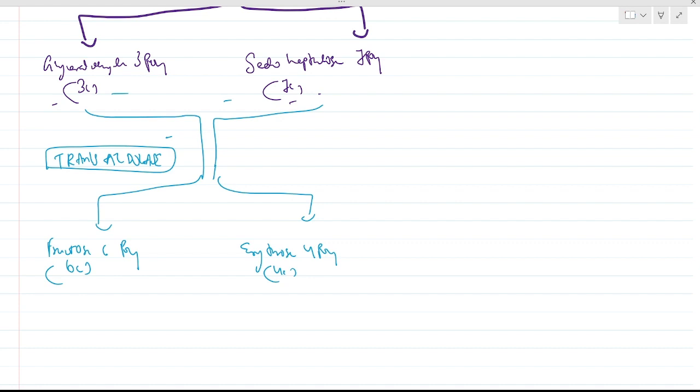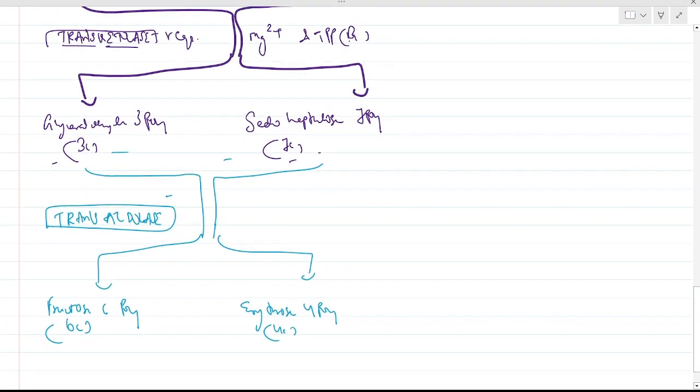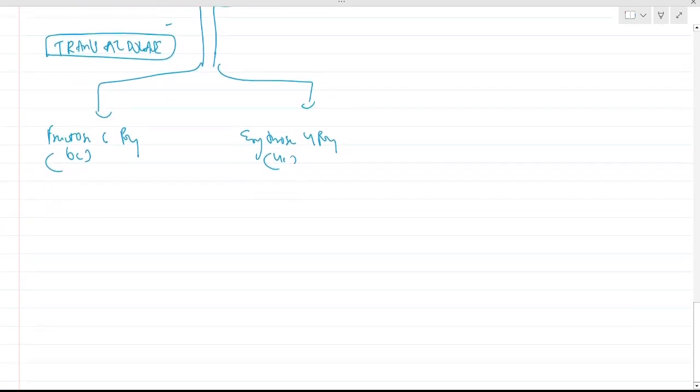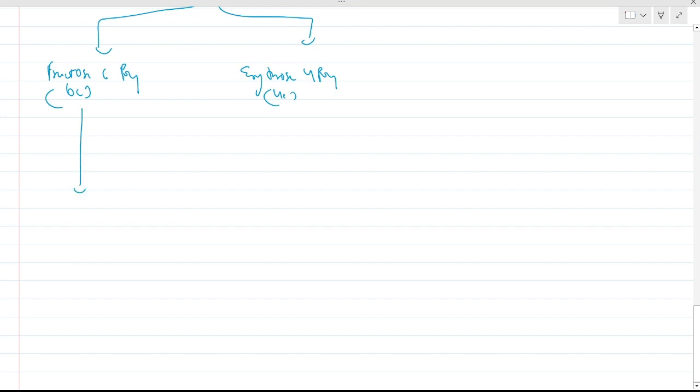This was the total reaction. Following the action of transketolase and then transaldolase, this fructose 6-phosphate will be converted to glucose 6-phosphate. Okay, this fructose 6-phosphate work is over.